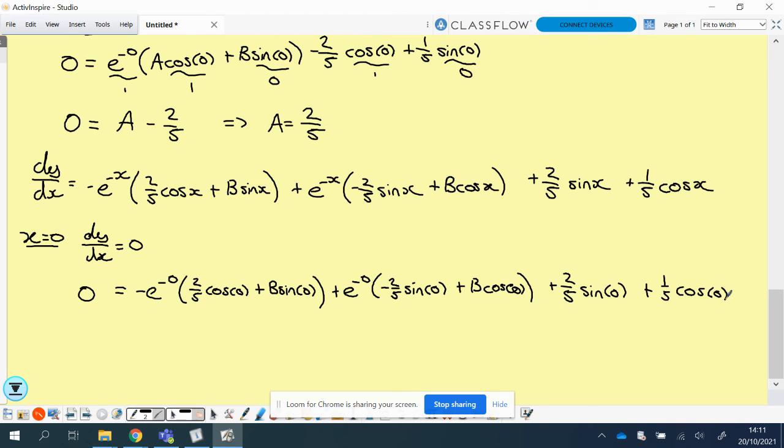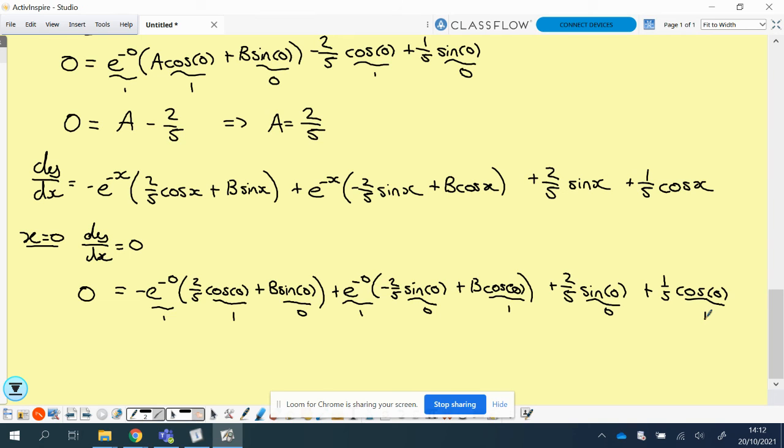We know all the sines of zeros are 0, so they all vanish. The exponentials, because they're to the power of 0, just become a 1, and so do the cos zeros.